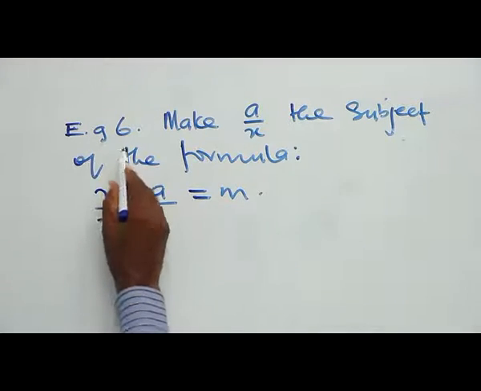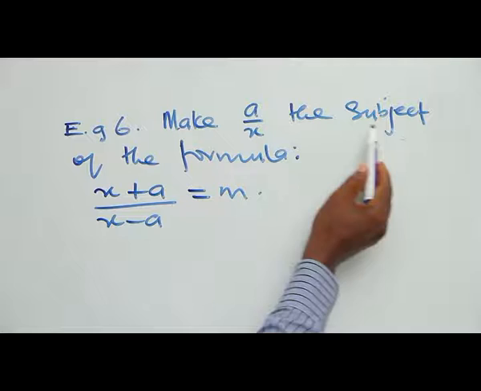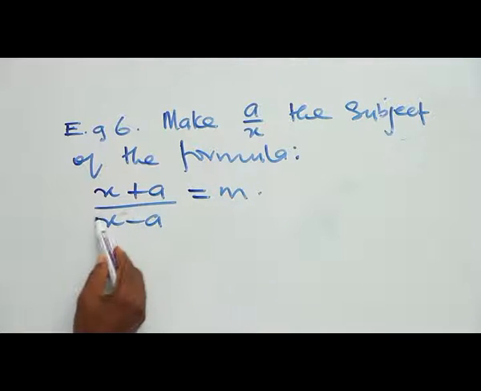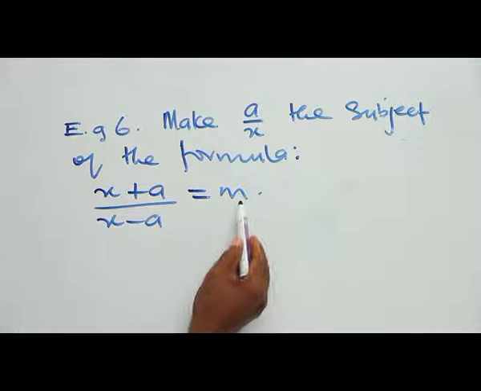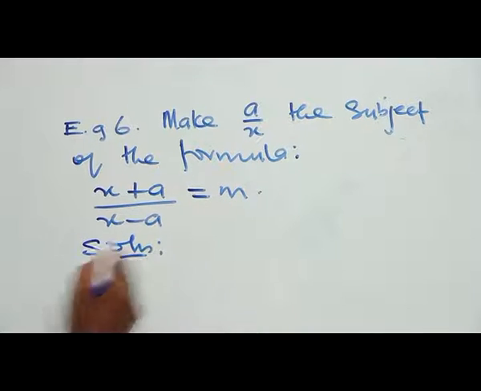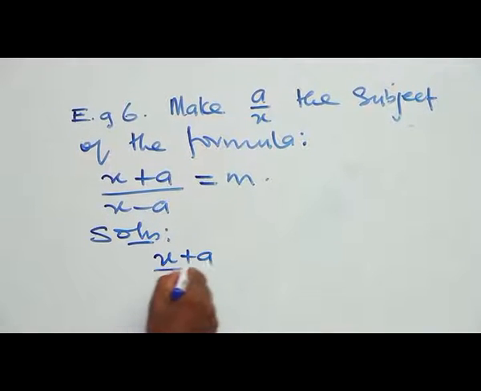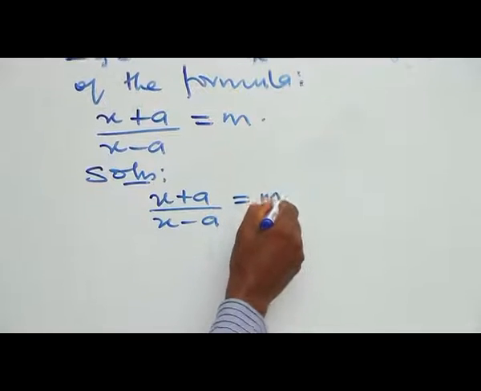Example number 6. Make a all over s the subject of the formula s plus a all over s minus a equal to n. Our solution, we have our s plus a all over s minus a equal to n.